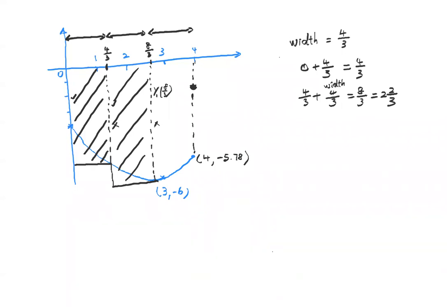Okay, then the third one. Is it a matter of left and right now? Because it passed through a turning point. So the turning point is the highest. So you see, I have to draw the rectangle that touches the turning point.